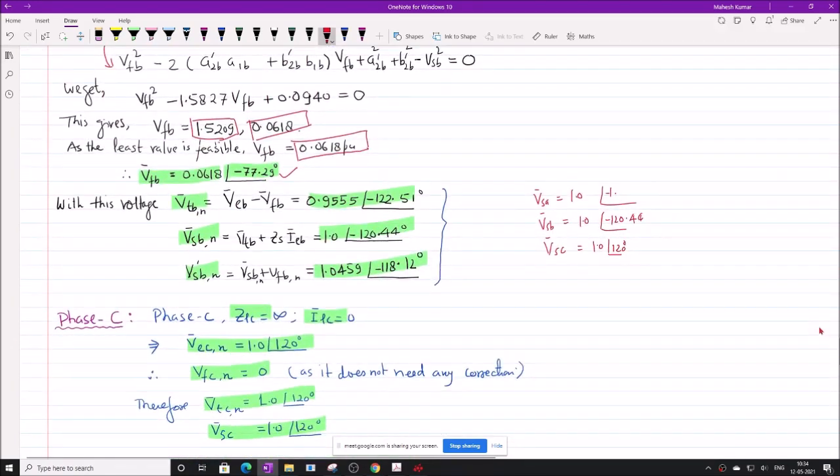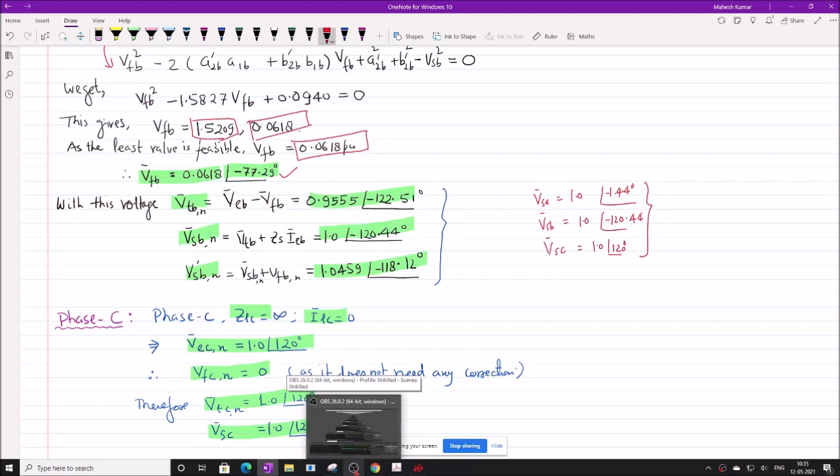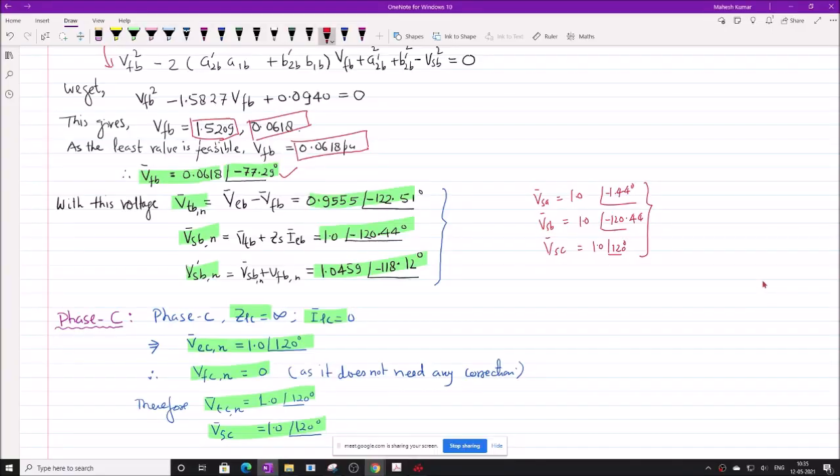So you see, these are not actually balanced in respect of angles, because we have fixed the load voltages. Once we fix the load voltages, it is not possible to really balance the source voltages, because the current is fixed, the terminal voltage is fixed, so whatever voltage comes at the source, we have to accept it.